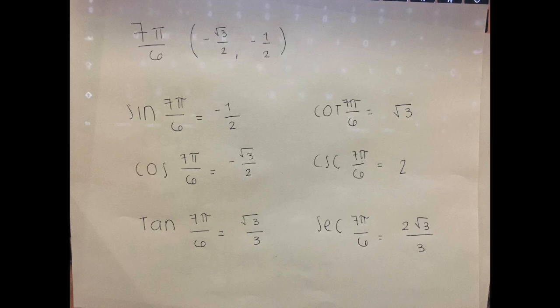So the sine would be minus 1 half, the cosine would be minus square root of 3 over 2, the tangent will be square root of 3 over 3, the cotangent will be square root of 3, the cosecant will be 2, and the secant will be 2 square root of 3 over 3.